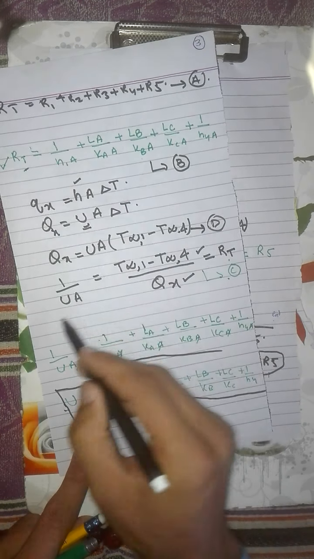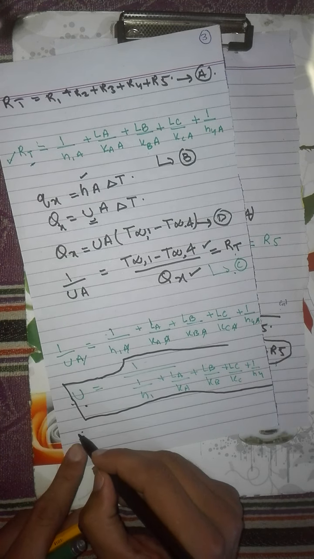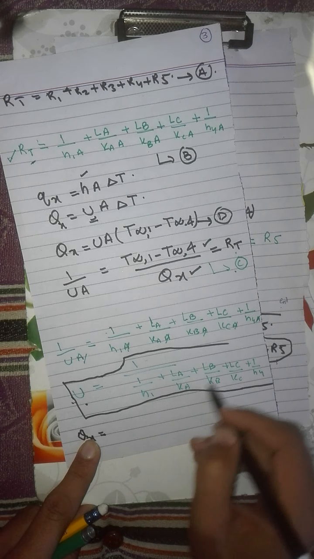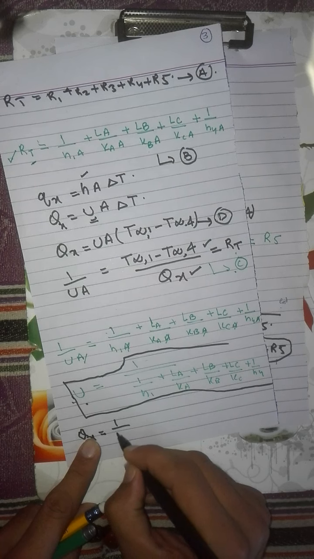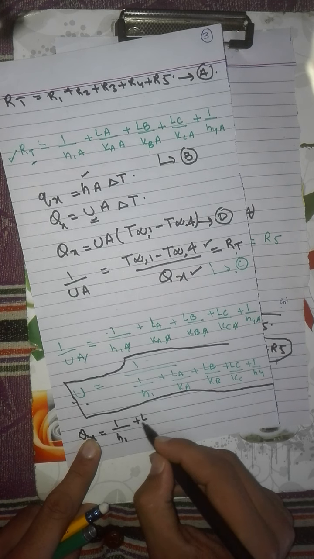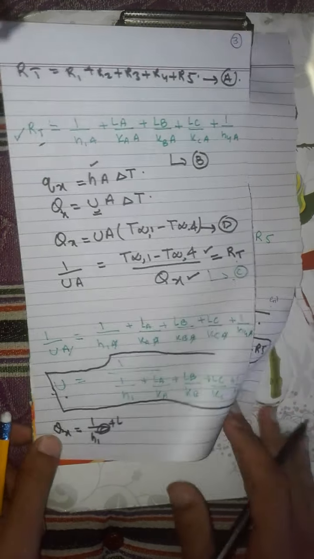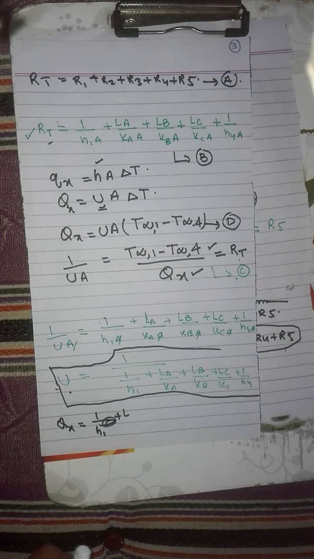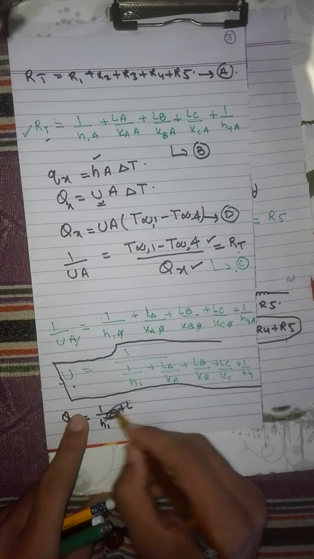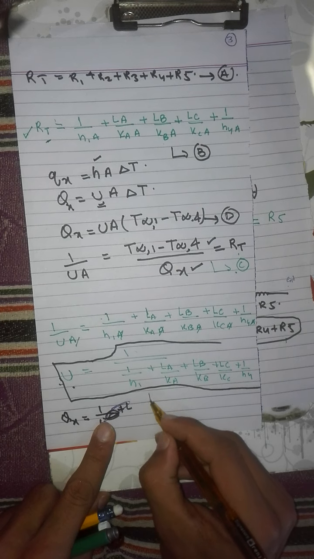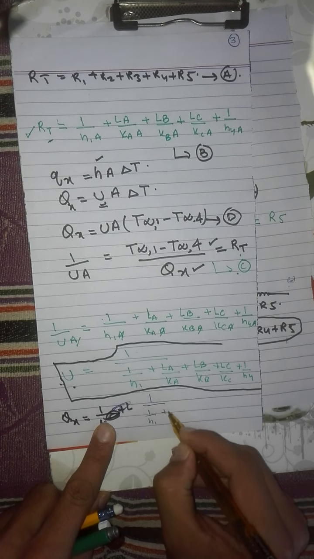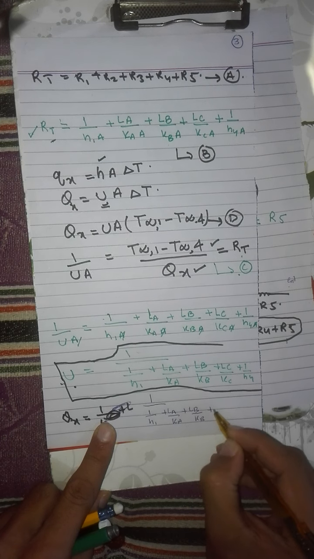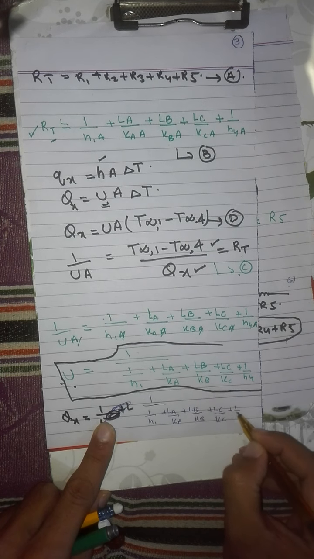Suppose this is equation D, so we can put this equation in this. So Qx, the overall heat rate, is equal to U, and we can write it in this form: Qx is equal to 1 over H1 plus LA over KA plus LB over KB plus LC over KC plus 1 over H4.